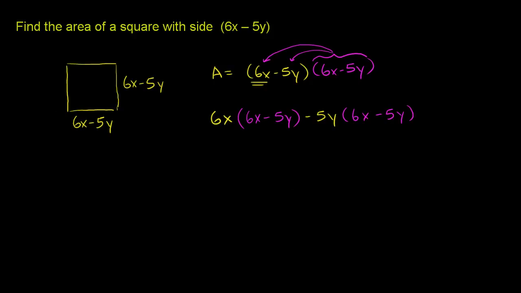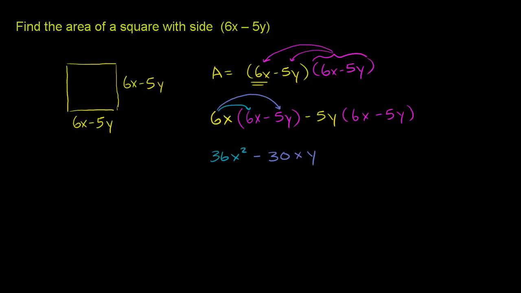So we have 6x times 6x. When I distribute just this, I'm now doing the distributive property for the second time. 6x times 6x is 36x squared. And then when I take 6x times negative 5y, I get 6 times negative 5 is negative 30, and then an x times a y, negative 30xy.